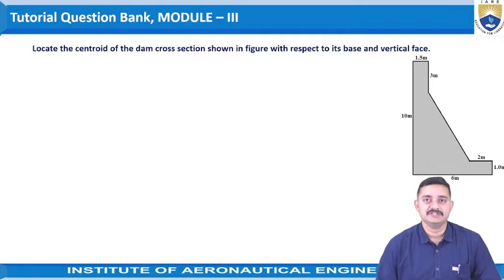The centroid is defined as the point at which the total area of the surface is concentrated. That point is termed as the centroid. Whereas coming to the center of gravity, the mass of the object, or total volume, is going to be concentrated at a single point.